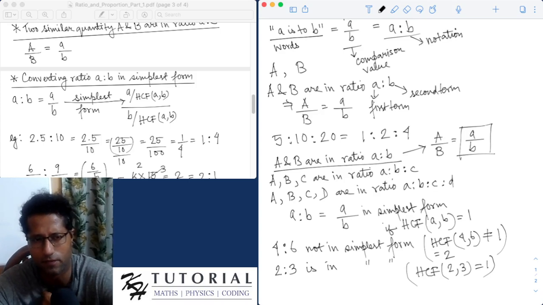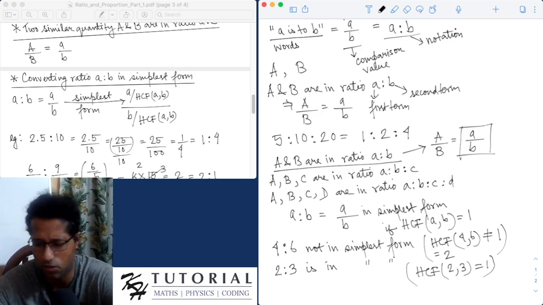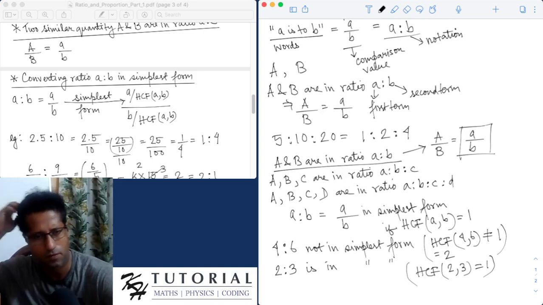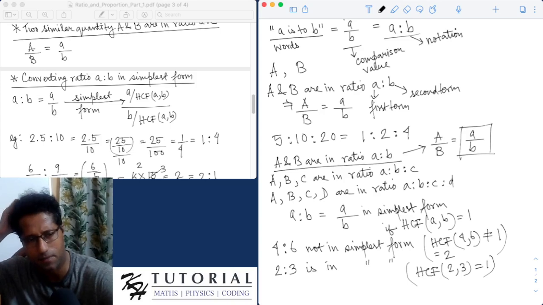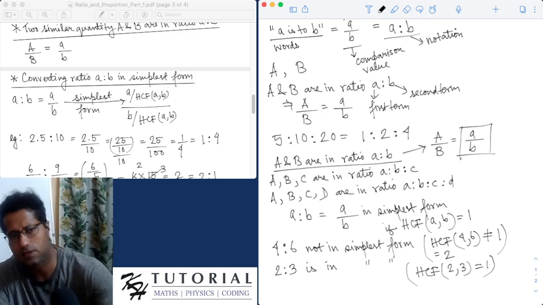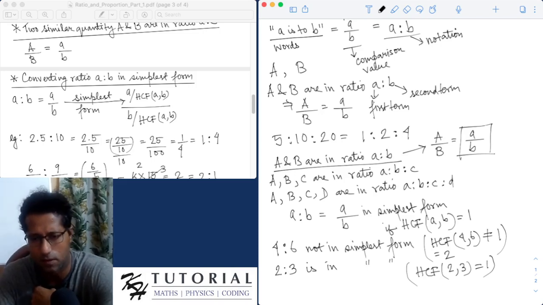If we are given a ratio A:B which is not in the simplest form, then to convert it, we just divide A and B by the HCF of A and B. Since A:B is not in simplest form, definitely the HCF of A and B will not be 1. So we will divide both the numerator and the denominator of the fraction A by B by the HCF of A and B.